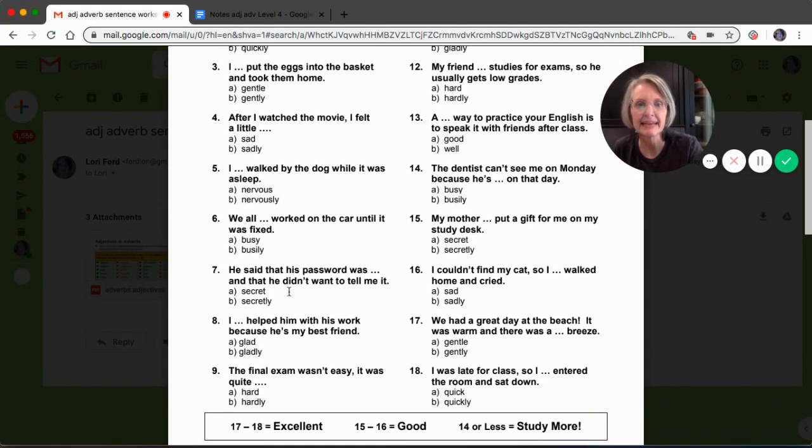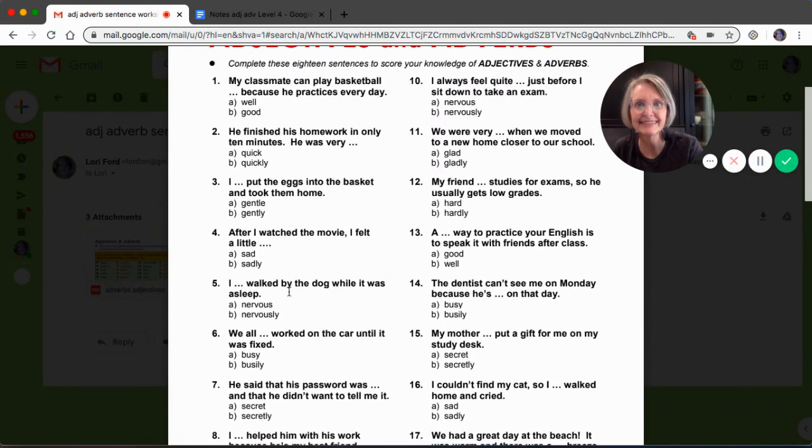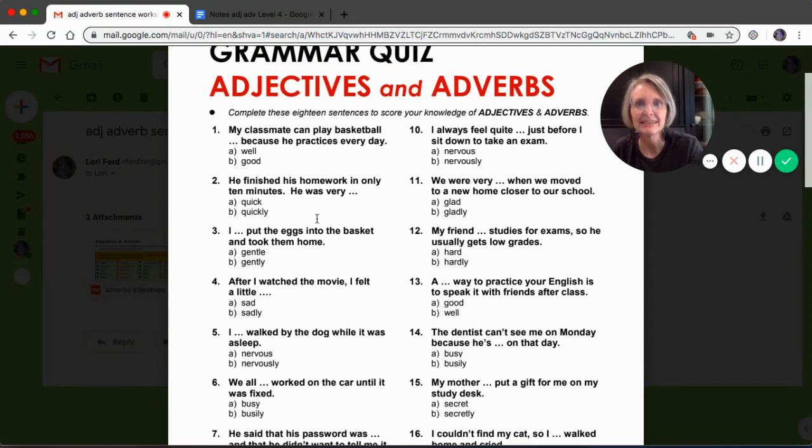There's going to be 18 questions. Okay, so let's look, for example, at number 3. I something put the eggs into the basket and I took them home. Okay, so the two choices are gentle and gently. So gentle means like carefully, really carefully.